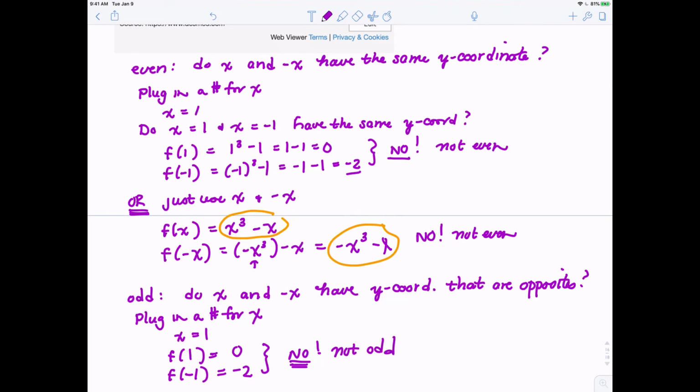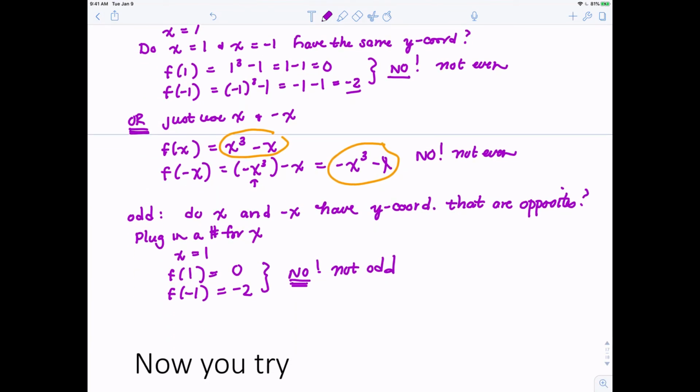You could also do it in general. F of x, we already know, is equal to x cubed minus x. And we already figured out that f of negative x is equal to negative x cubed minus x. And the question is, are these expressions opposites of each other?